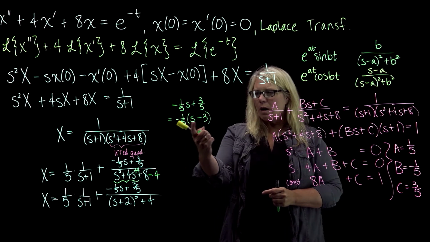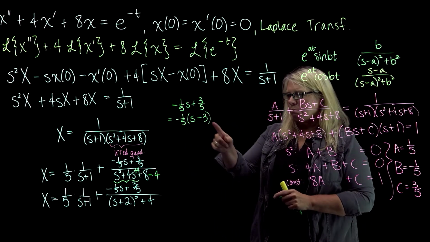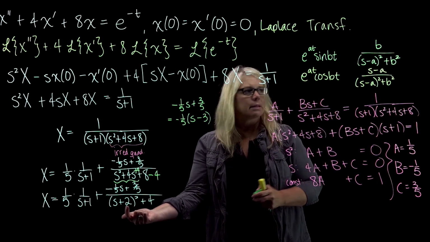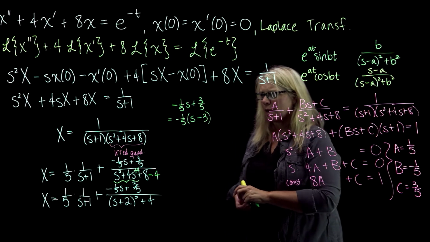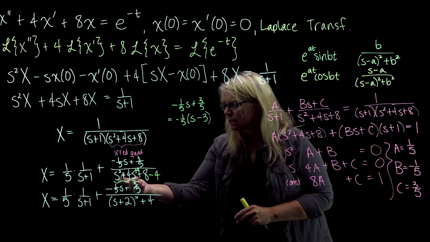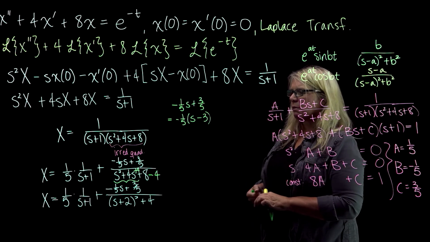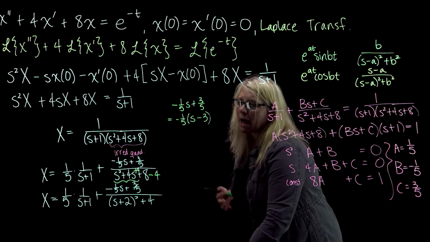Now, what I really want here in this parentheses is not minus 3. What I really want in the parentheses is plus 2, so that the numerator and this factor on the denominator match. So I really want a plus 2 in there. Well, in the same way we forced something to be what we wanted so that we could complete the square, you can do the same thing here. You just need to balance it.